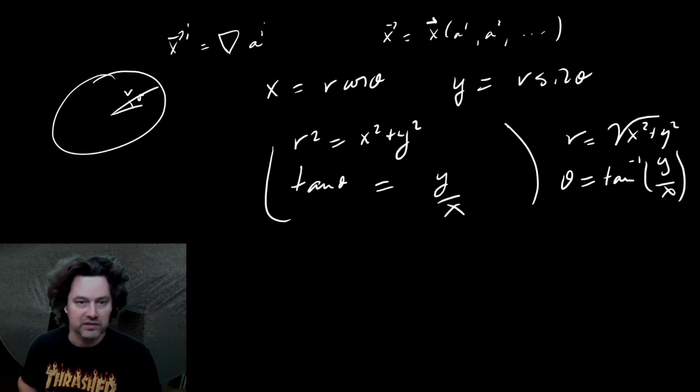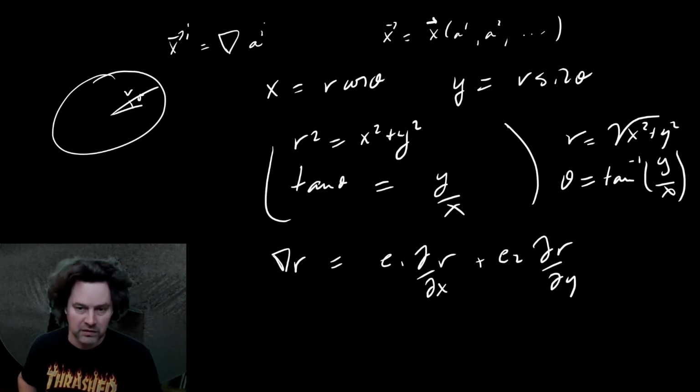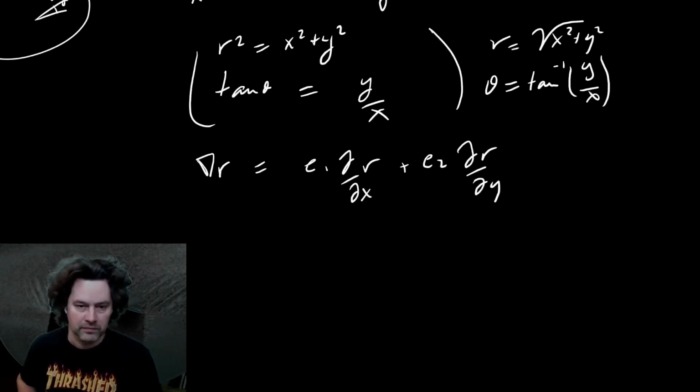So if we wanted the gradient of r, for example, that is e1 ∂r/∂x plus e2 ∂r/∂y. We don't have ∂r/∂x, but let's look at the gradient of r squared.